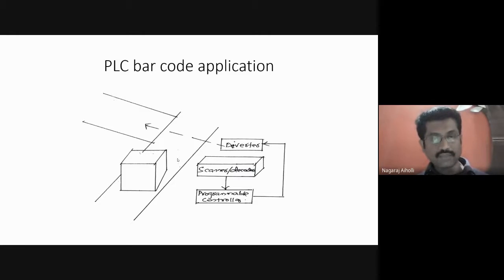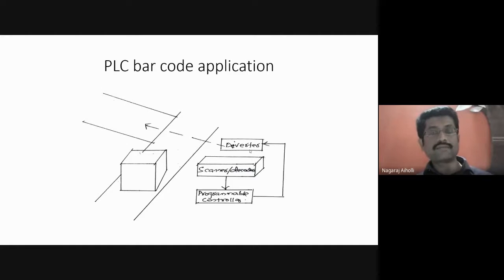To separate these two, I sense the barcode of these items with the scanner, and based on this I give an output to the PLC. The PLC senses the particular signal from the scanner, and based on that it activates this diverter. The diverter mechanically separates out the items.